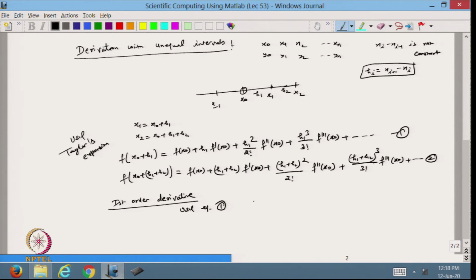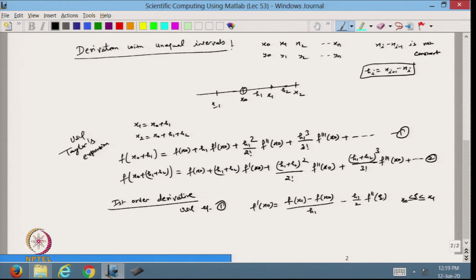So from here I can write that f dash at x0 can be written as f at x1 minus f at x0 divided by h1, and then I will get the term minus h1 by 2 f second derivative at xi, where xi lies between x0 and x1.